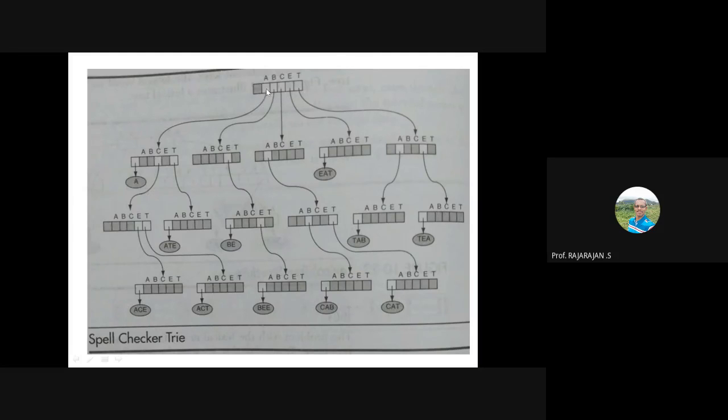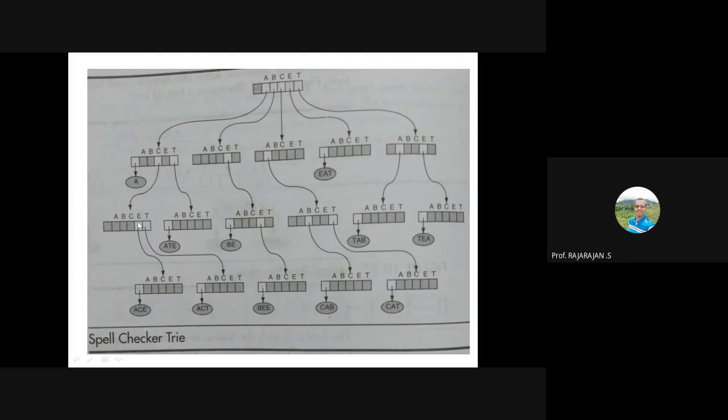But here A is not null, which means I can go to another level. So from A I come to the second level. Now I have to check whether C is null or not. Again, C is also not null, which means there is still hope I may find that particular word. So what is the next letter I need to search for?